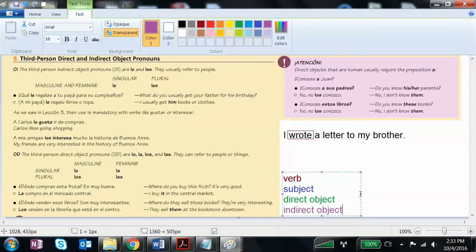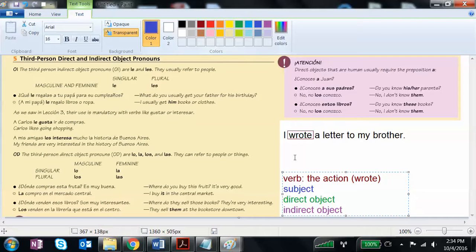So the verb is the action. We already know what that is. I'm going to use wrote so that it makes more sense with an example. So the verb is wrote.